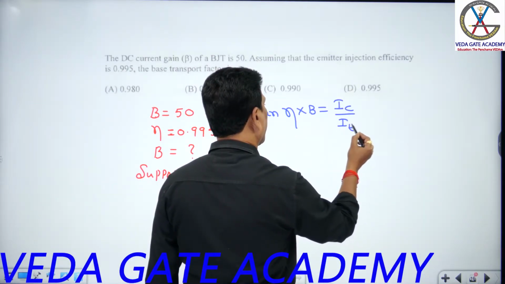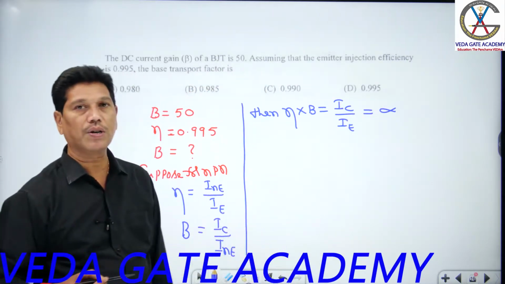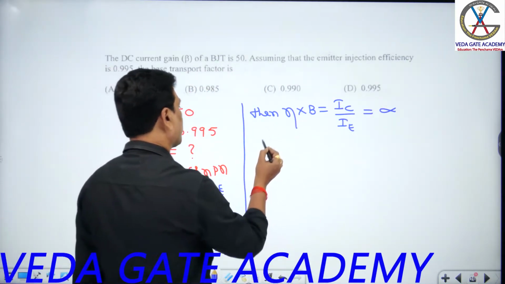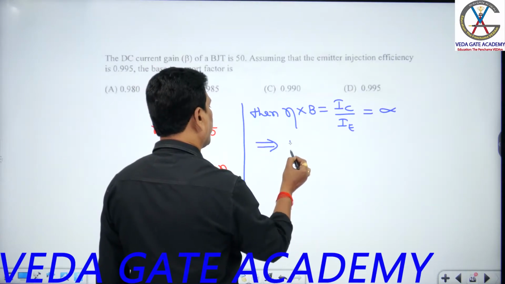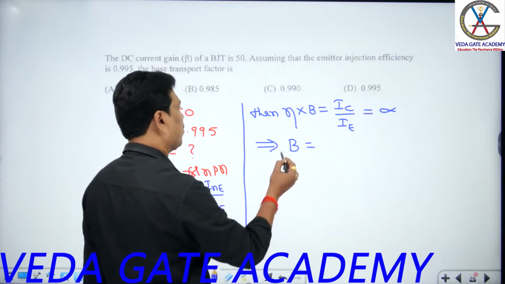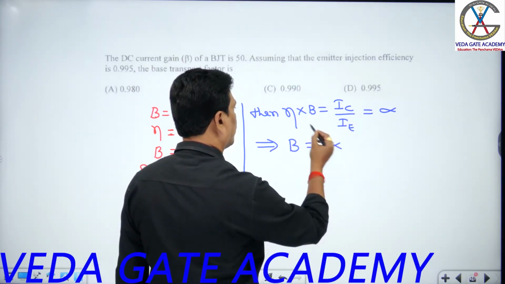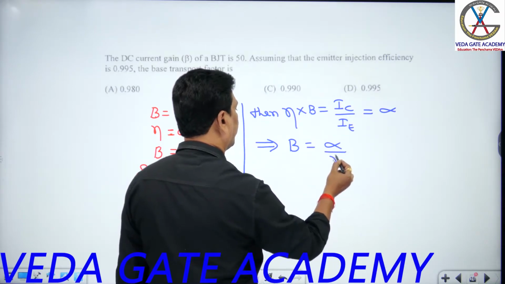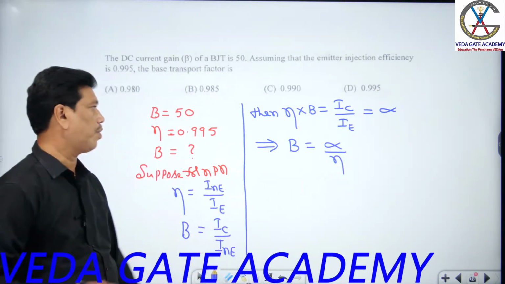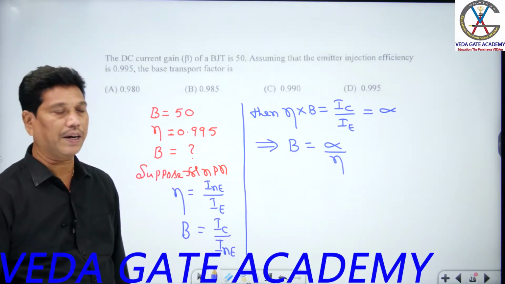You know that IC by IE equals the current gain factor alpha. So now I need the base transport factor B, which equals alpha by eta, where alpha is the current gain factor.